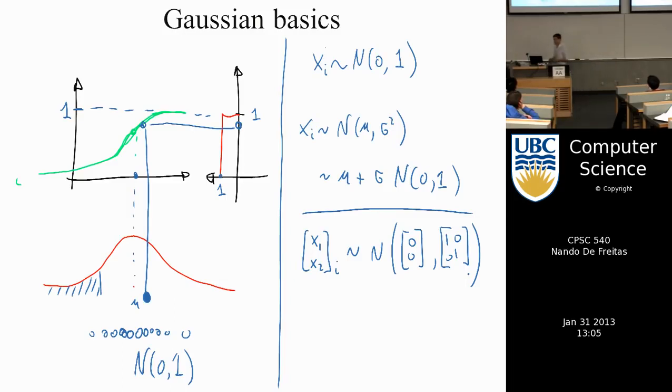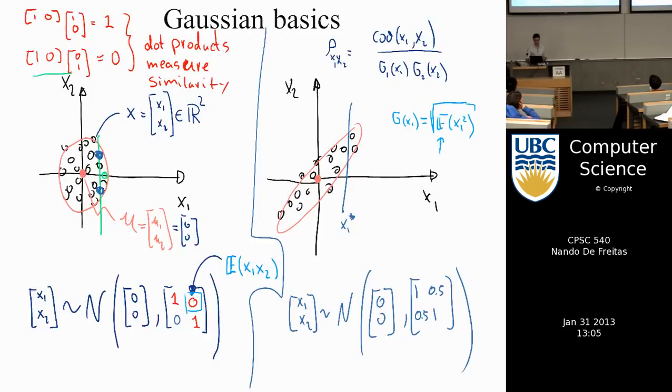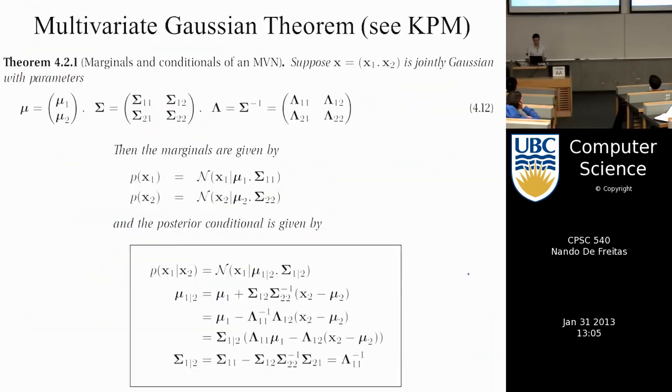To do this, we appeal to our theorem again. Our theorem also tells us that when you look at this Gaussian distribution, the multivariate Gaussian that has this variance sigma 1, 1 and mean mu 1, the marginal distribution just has mean mu 1 and sigma 1, 1.